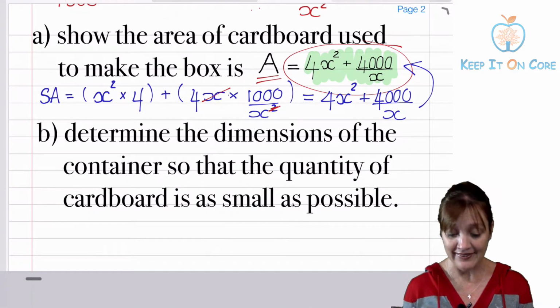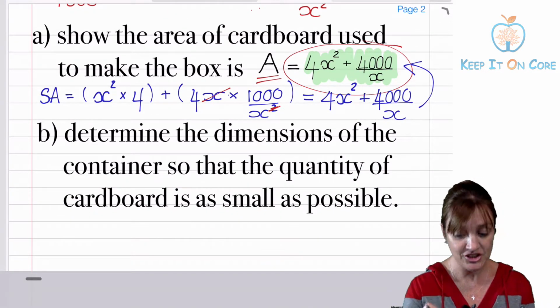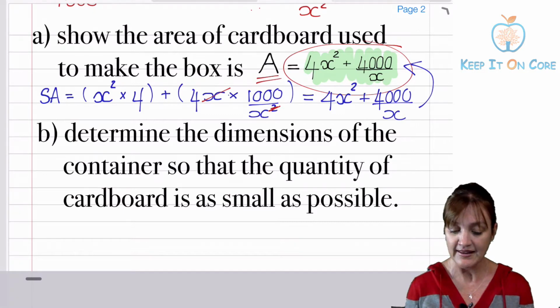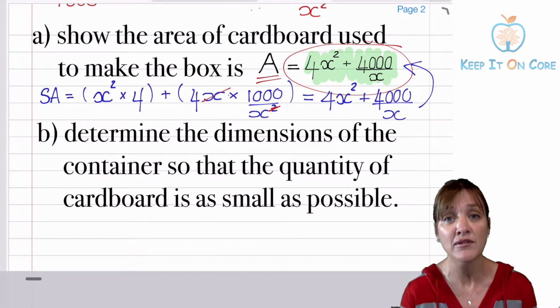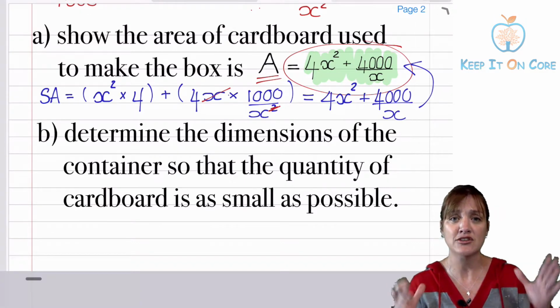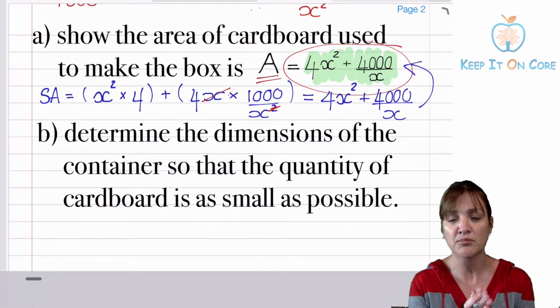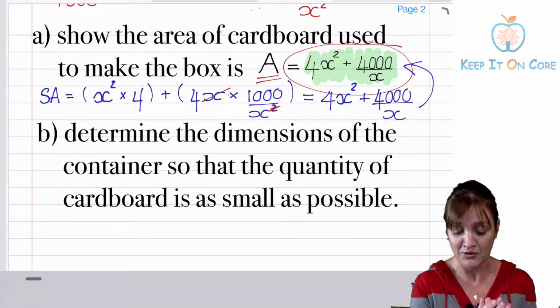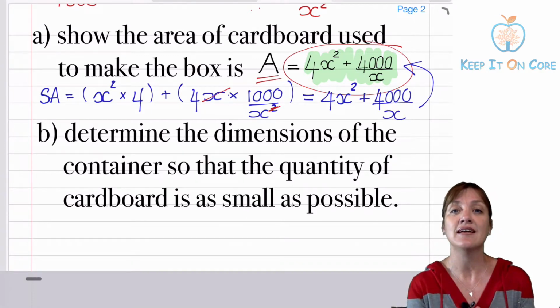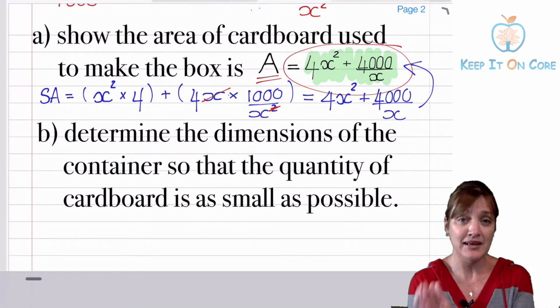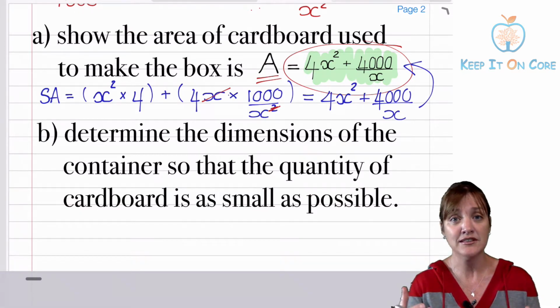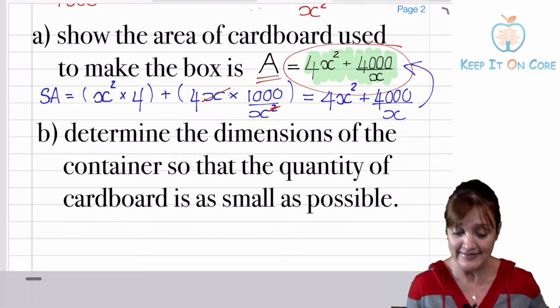Now that we have done that, they've said determine the dimensions, the lengths, the breadths, the heights of the container so that the quantity of cardboard will be as small as possible. Okay, they're being eco-friendly. They're trying to keep the amount of cardboard that they use down to a minimum, all right? Well, just as we said, minimum and maximum gets calculated by working out the derivative and letting the derivative equal 0.